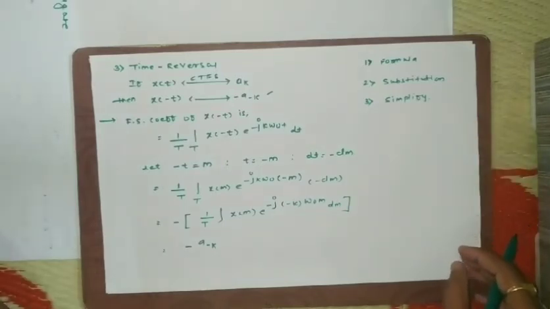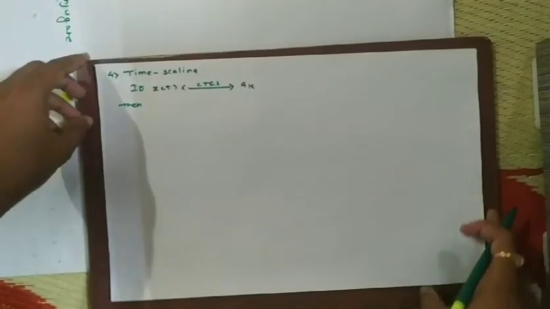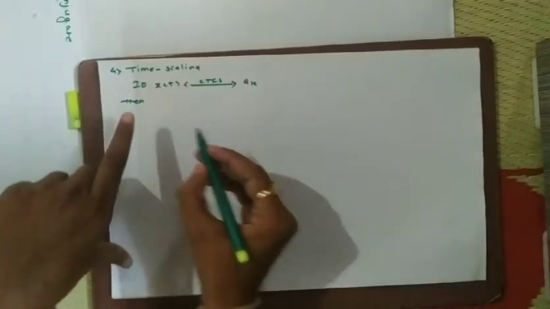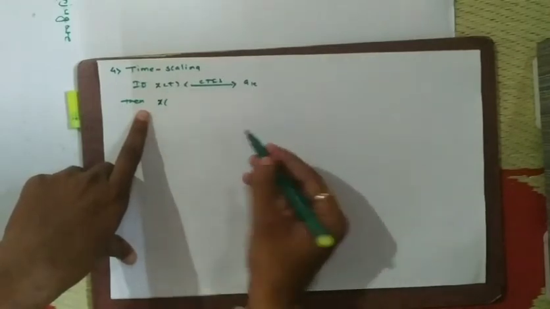Now we'll move on to the next property, which is called the time scaling property. Maybe in unit number 1, operations on signals, we have seen such kind of operations. Now in case of the time scaling property, we should multiply the time period with some factor which is called the time scaling factor.